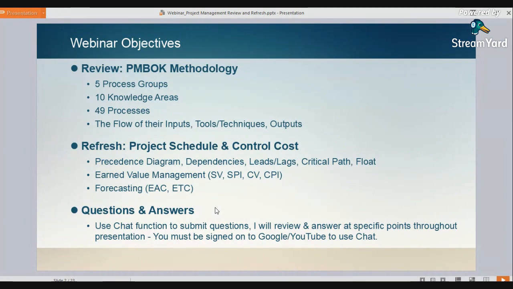So we'll go over what the precedence diagram is, talk about dependencies, leads, and lags, and the ever popular critical path method and determining float in non-critical path activities, and then going through some of the earned value management and forecasting formulas that are important in determining the status relative to cost control.